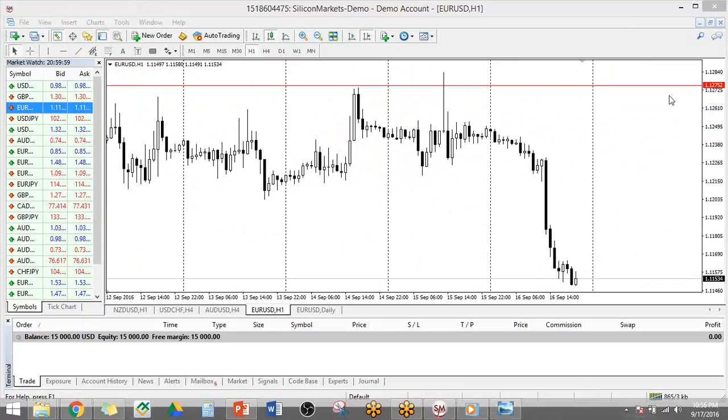If the retail trader buys euro, the market maker will sell the euro to them, meaning the trade did not actually go to the liquidity provider, but just to them. So if the trader wins, the broker loses. If the broker wins, the trader loses. So it's going to be a little bit of a zero-sum game if you're trading with a market maker. Just because of that statistic, 95% of traders fail, a lot of brokers actually build their business because of that.